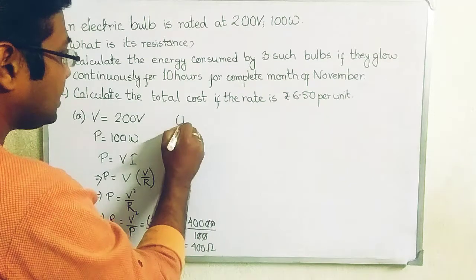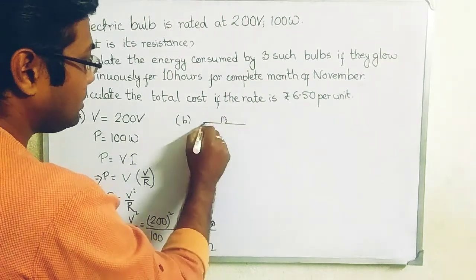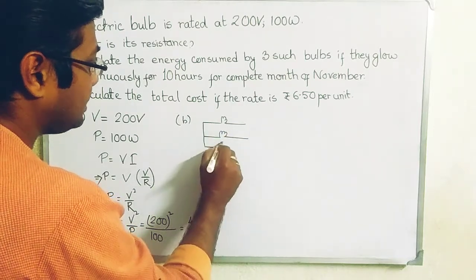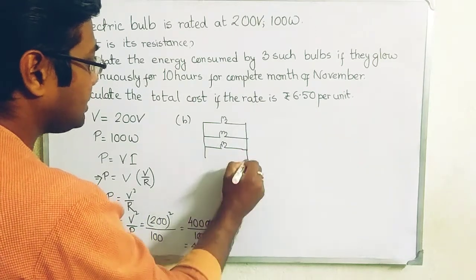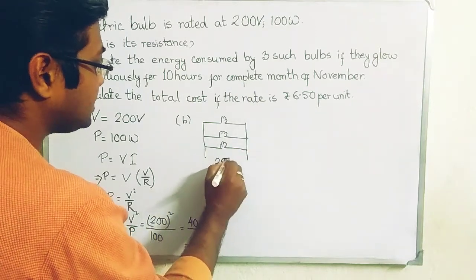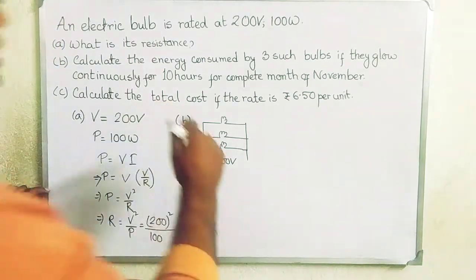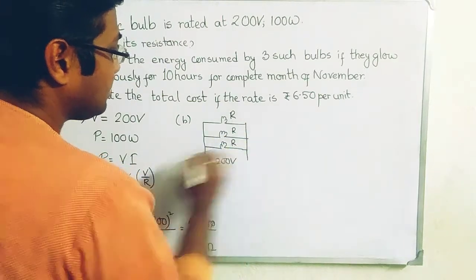So how is the circuit connection? We may consider this is the first bulb, this is the second bulb, and this is the third bulb, and all of them are connected in between the two terminals at 200 volt. Clear? So all of them have the same resistance.